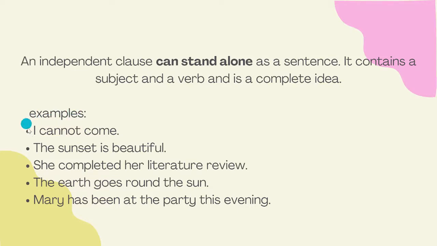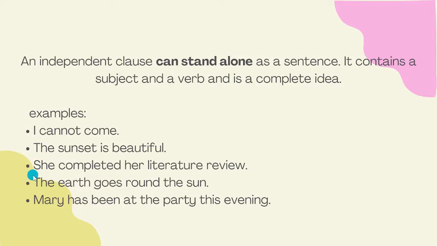And this we call a verbal sentence because it contains a verb. And then the second sentence is: the sunset is beautiful. This is a nominal sentence because it explains the state of the sunset. Okay, and we use 'to be' here.